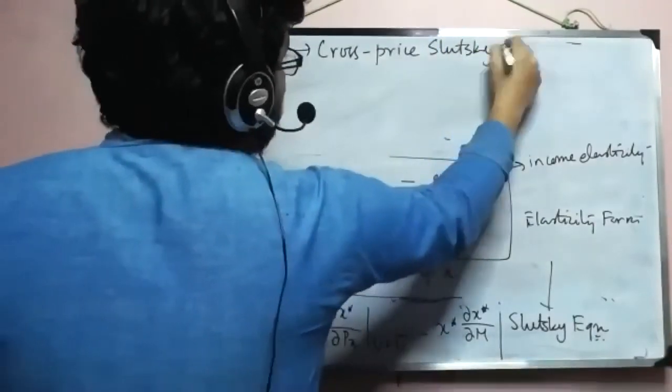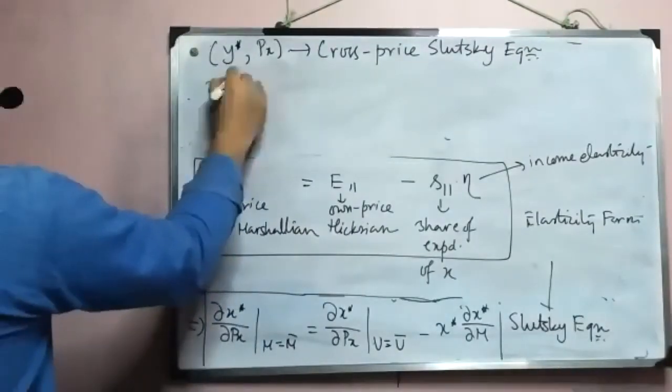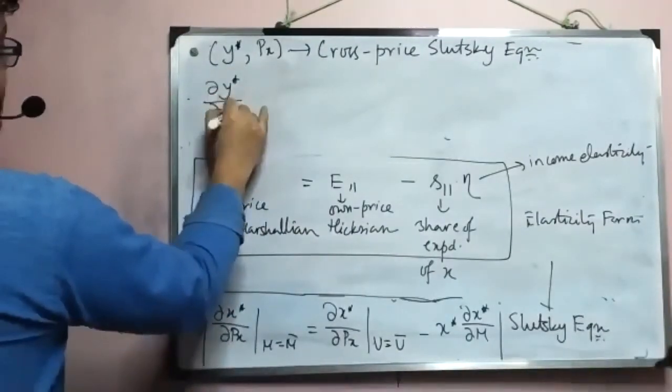So let's write this. So we are looking at the cross price Slutsky equation. So how will it look? Obviously del Y star del Px. Okay.